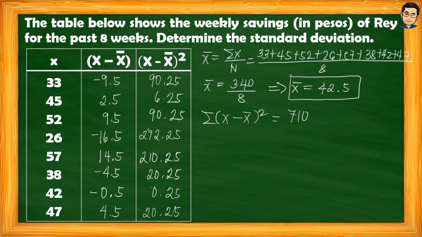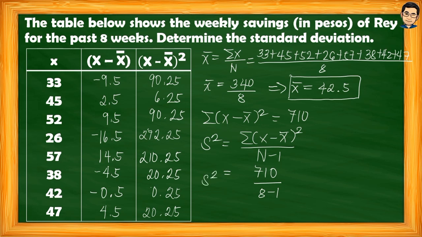Okay, next. Let's have variance. Yung nakuha nating summation is 710, di ba? And then, divide natin sa n minus 1, that is 8 minus 1. So, s squared is equal to 710 over 8 minus 1, that is 7. So, divide lang natin yung 710 sa 7.